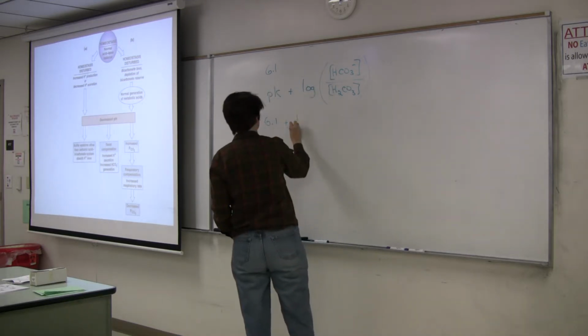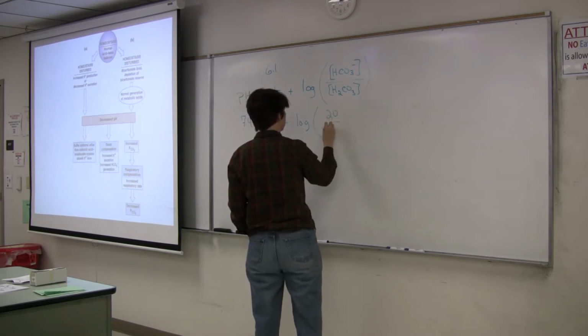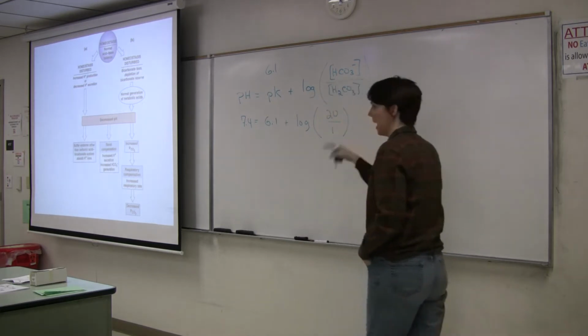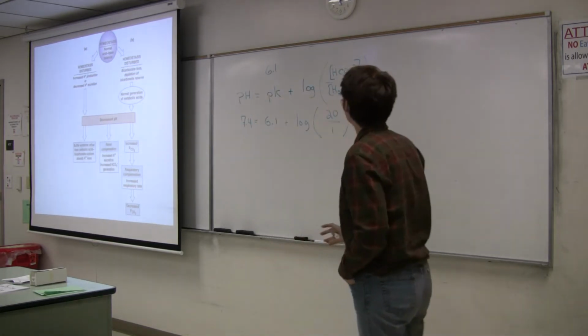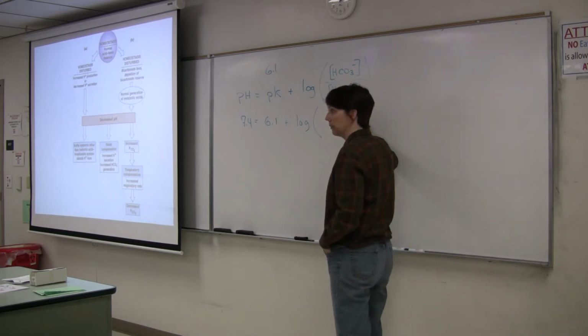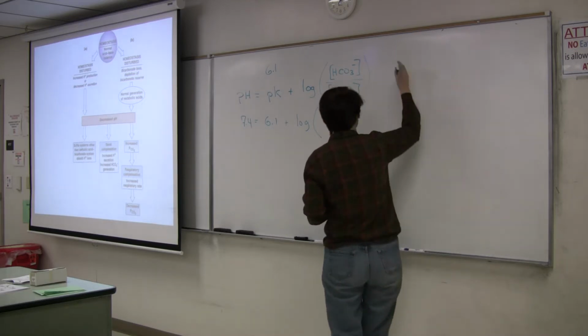So the log of 20 to 1 is equal to 1.3. We add that to 6.1 and we get 7.4. This is how we get that 20 to 1 ratio, which we're going to come back and look at in just a moment.